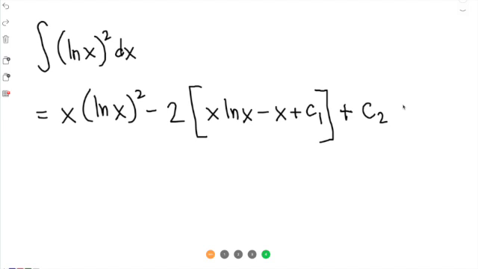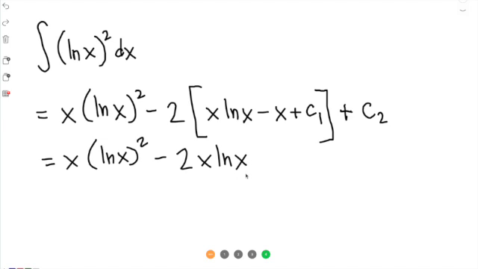Okay, so now let's simplify our answer. So what do we have? We have x ln x squared minus, let's just distribute, 2 x ln x, plus 2x, plus 2c1, plus c2.